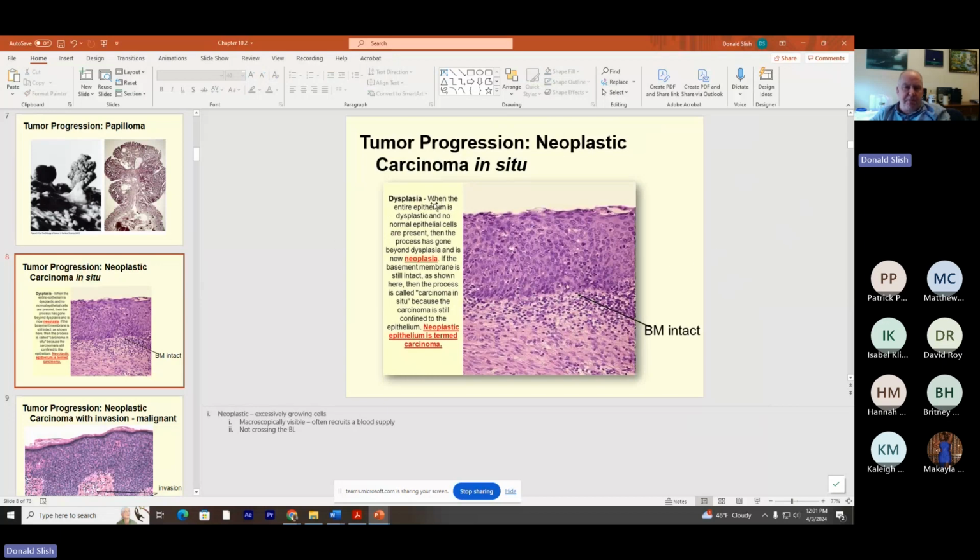So dysplasia, when the entire epithelium is dysplastic and no normal epithelial cells are present, then the process has gone beyond dysplasia and is now neoplasia. If the basement membrane is still intact, as shown here, then the process is called carcinoma in situ, because the carcinoma is confined to epithelium. Neoplastic epithelium is termed carcinoma. So this is a carcinoma, even though it has not crossed the basement membrane yet.